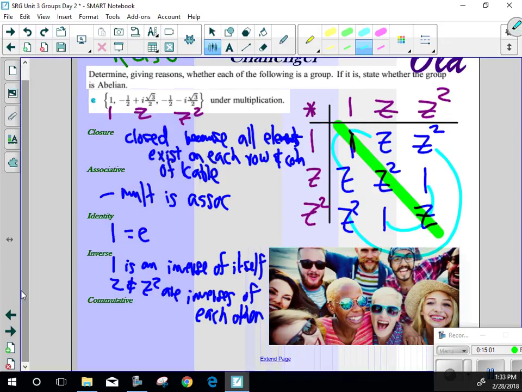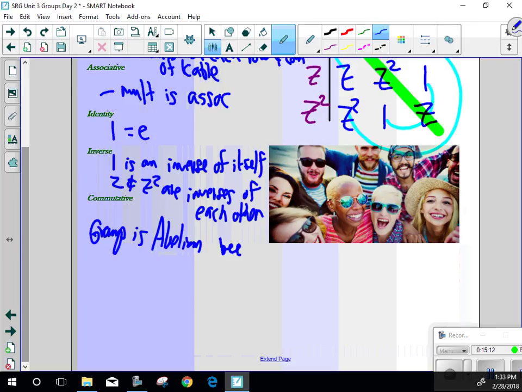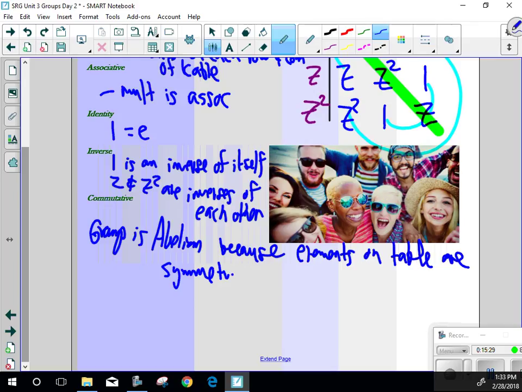So for the commutative, you would say the group is abelian because, and take the time to write this, please: the group is abelian because elements on the table are symmetrical about the what? Good.